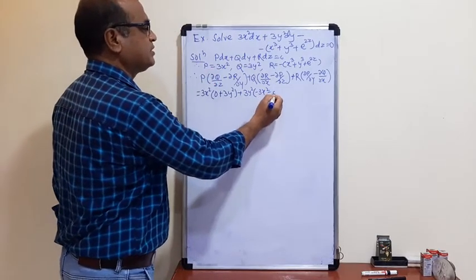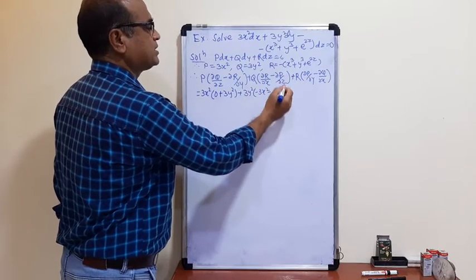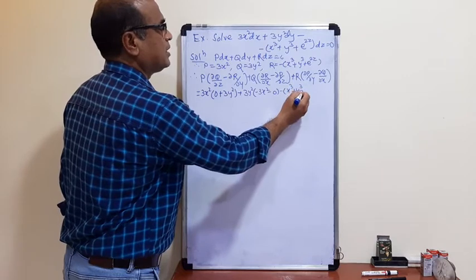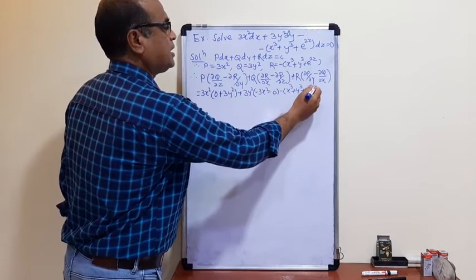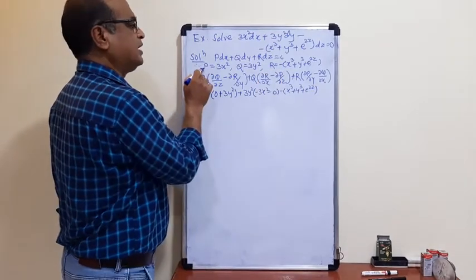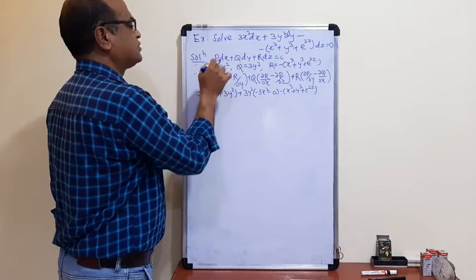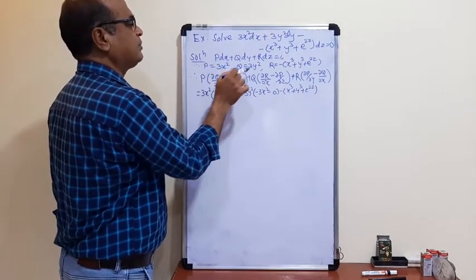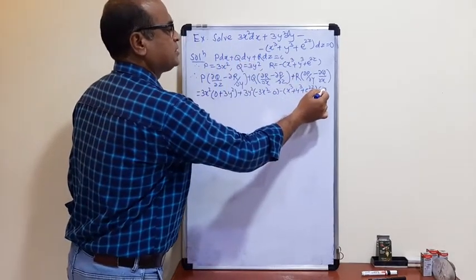So minus 0, plus r. R is minus x cube plus y cube plus e raised to 2z. Then what is the dou p by dou y? Partial derivative of p with respect to y, keeping x constant. So this is 0. Dou q by dou x, partial derivative of q with respect to x, keeping y constant. So this is 0. So that is 0 minus 0.